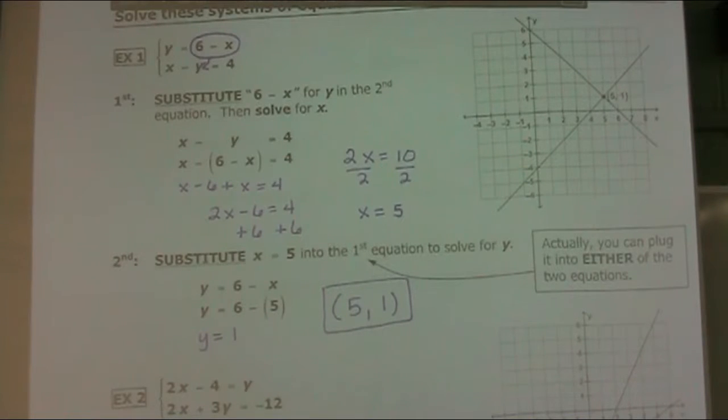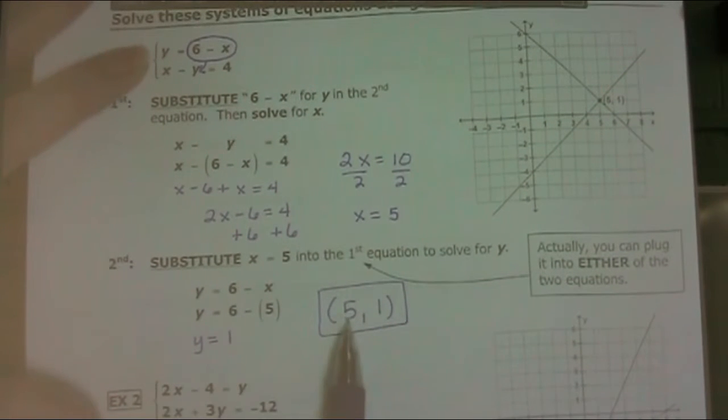Now, just so you know, there is a way to check and make sure you have the right answer. The way that you check it is you have to do this 2 times. Go to your first equation, plug in 5 for x and 1 for y. If you get the same number on both sides, it's going to work in that equation. But that's not enough.